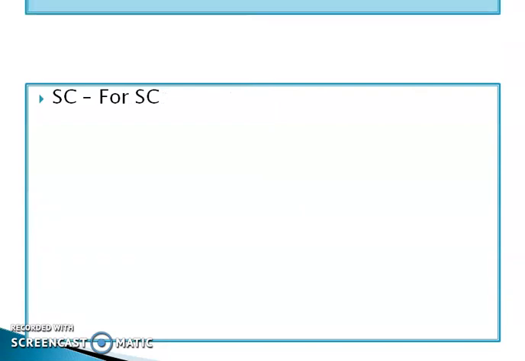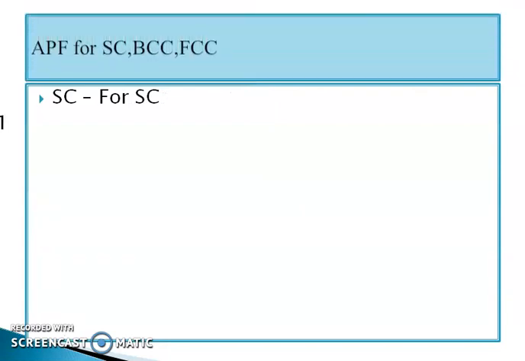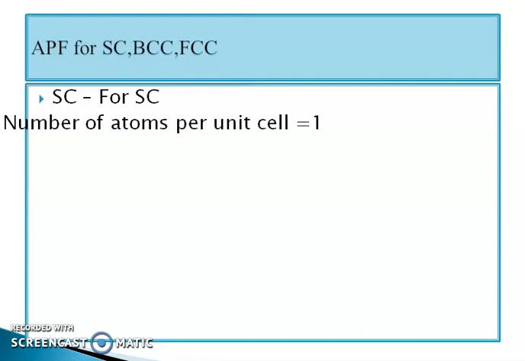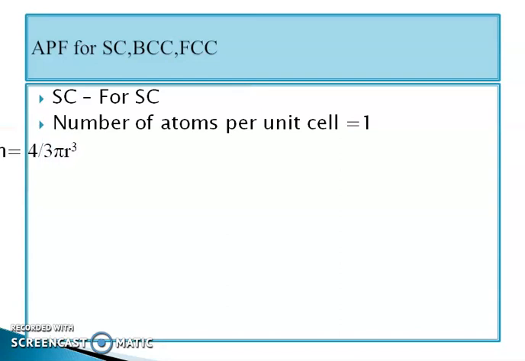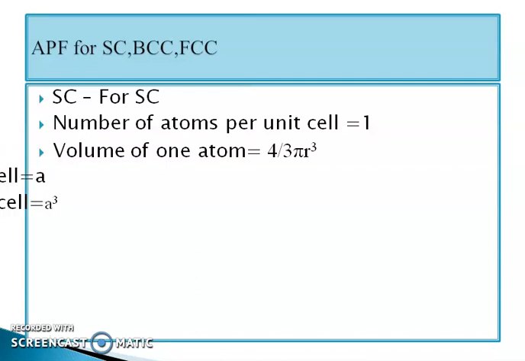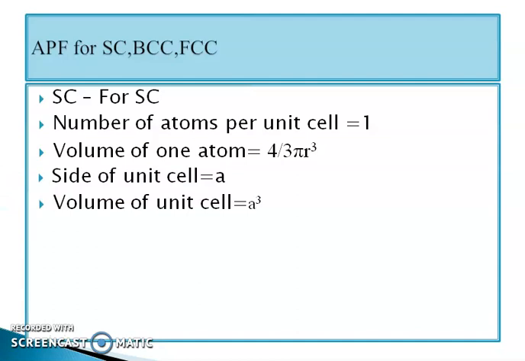For simple cubic structure, what we know that the number of atoms per unit cell is 1. Then volume of one atom is equal to 4/3 pi r cube. Side of unit cell A, therefore volume of unit cell is equal to A cube.